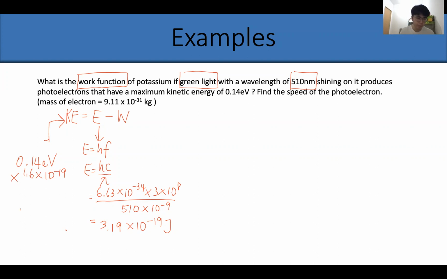What do we get? We get 2.24 times 10 to the minus 20 joules. Then the work function equals E minus KE. We'll calculate this.